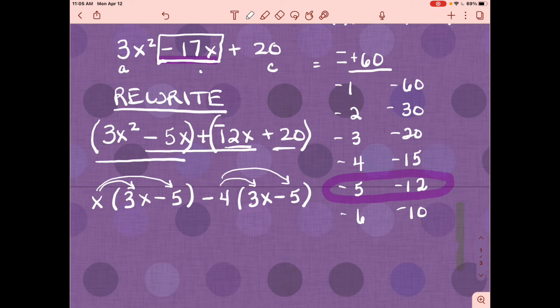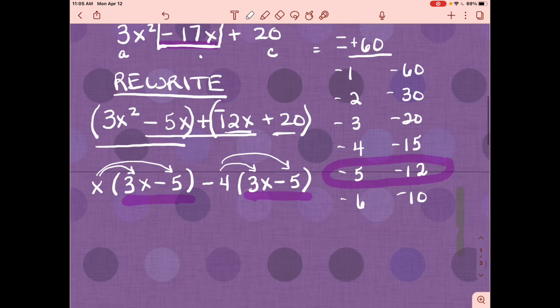All right, what do I do next? I look here at this common factor that I have created. It's awesome, and I'm going to write it first, 3x minus 5, and then I need to look at what's left behind. There's x and minus 4. So make this disappear from your sight and just look at what's left, x minus 4.